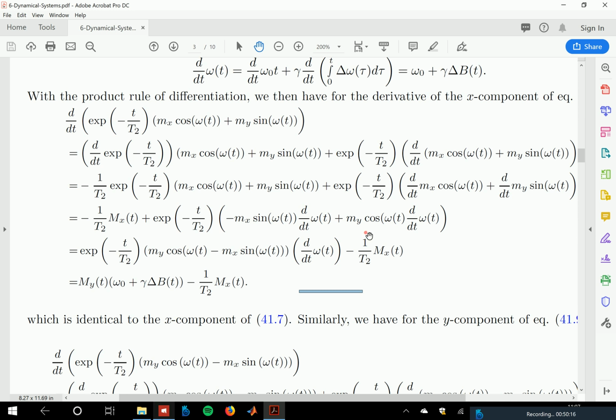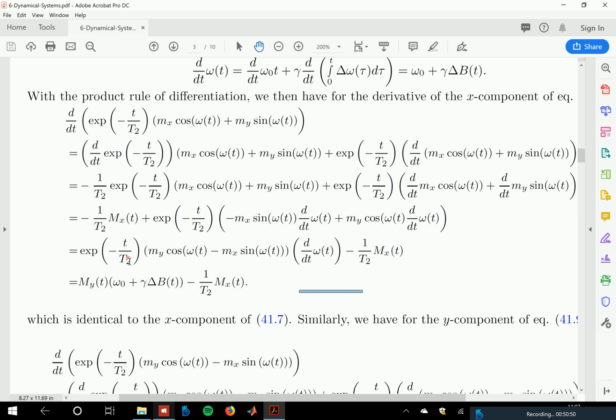Then what I'm doing in the next step is just to put this latter part here in front. Nothing else happens, except that I take out the d dt omega t. So this is isolated here, and this factor, which is both in this term and in this term, is taken out.